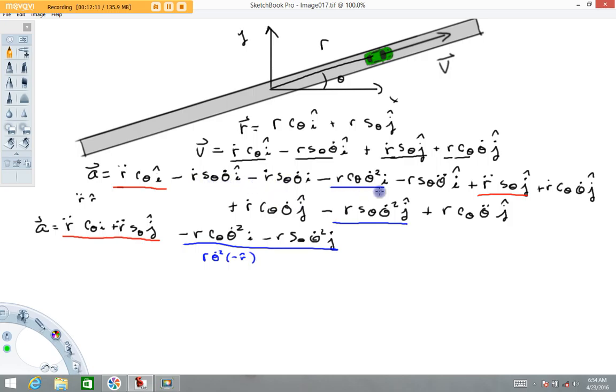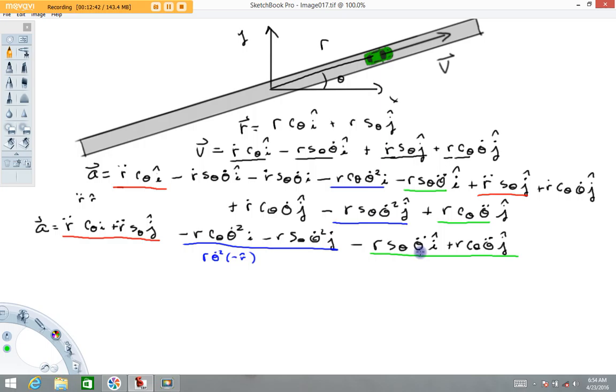Okay, here's an r theta double dot, and there's another r theta double dot. So I'm grouping those terms together now. Those were in green. So minus r sine theta, theta double dot i. And again, another green: plus r cosine theta, theta double dot j. Let me underline those in green.